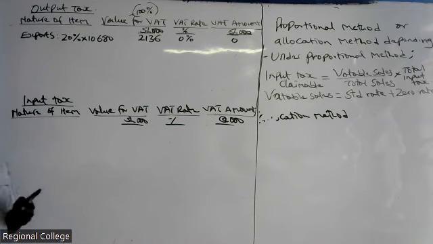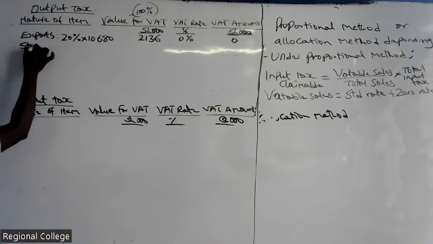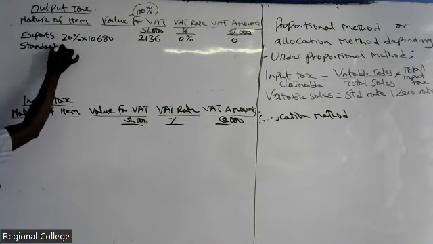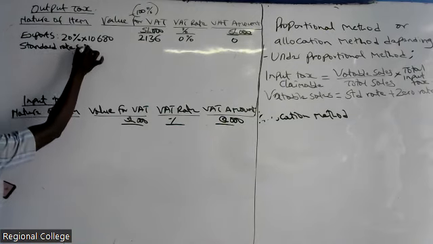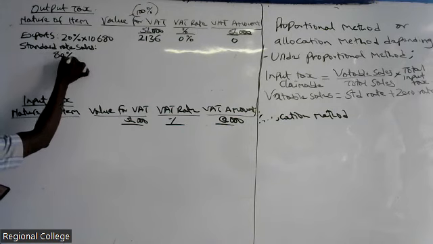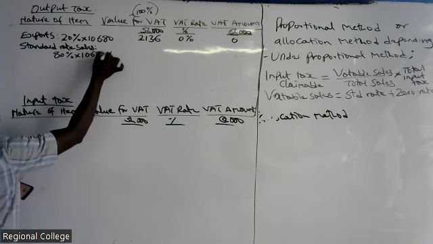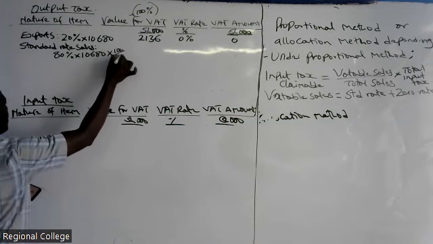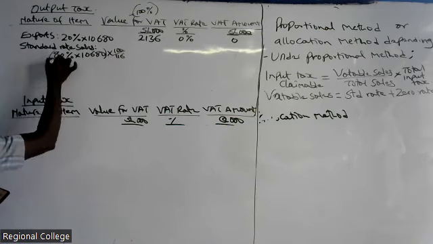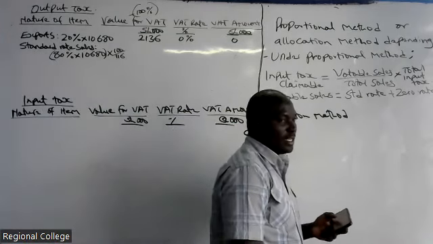So can we have standard rate sales? Standard rate is 80% of 10,680. But now we must multiply by 100 over what? They were inclusive of VAT.